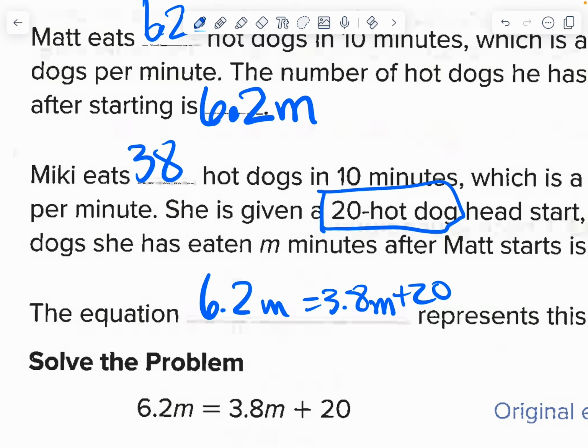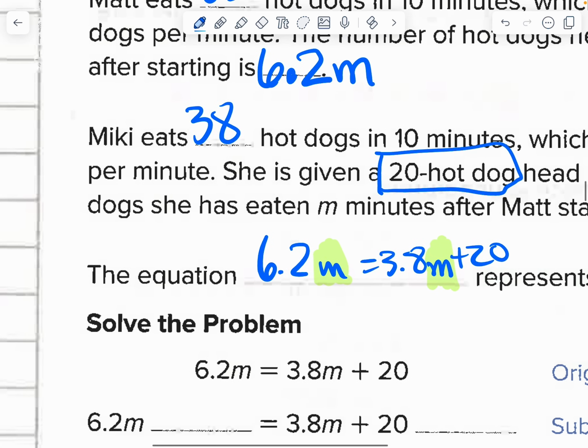Okay, so as I look at this, I have variables on both sides. But do you notice on the left-hand side there's no constant? So I want to move all of my variables to the side that doesn't have that extra constant. Now, mind you, 3.8 is smaller than 6.2, so I would have done that anyway.